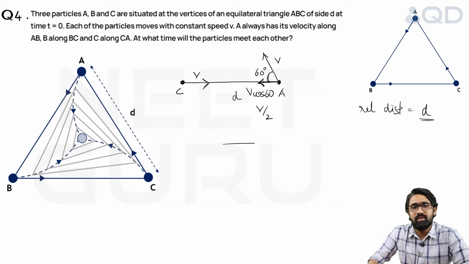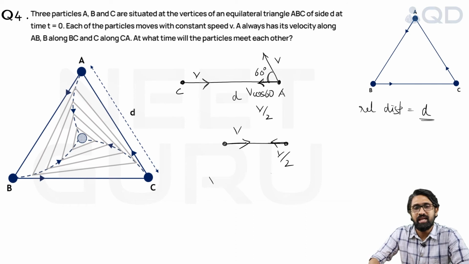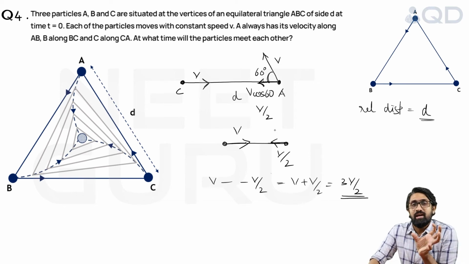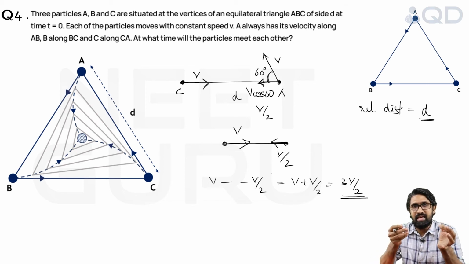So along the same line, you have v forward and v by 2 backward. The relative velocity here would be v plus v by 2 because it's in the opposite direction, that will be 3v by 2. Now, the relative velocity along the line CA is 3v by 2.